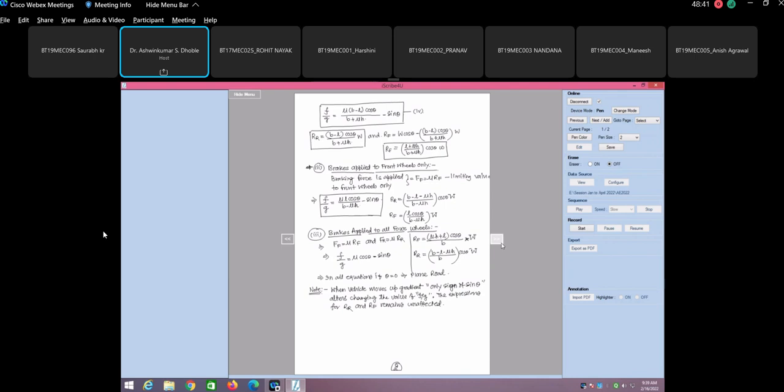Which is better out of three cases? Sir, there is nothing like which is better out of three cases. You need to apply the brake to all the four wheels. Otherwise, there will be additional kinetic energy which may create the problem. Okay, so whenever you apply the brakes, they are applied to all the four wheels. So this particular case, the brakes applied to all the four wheels, you can say that it is the better case.